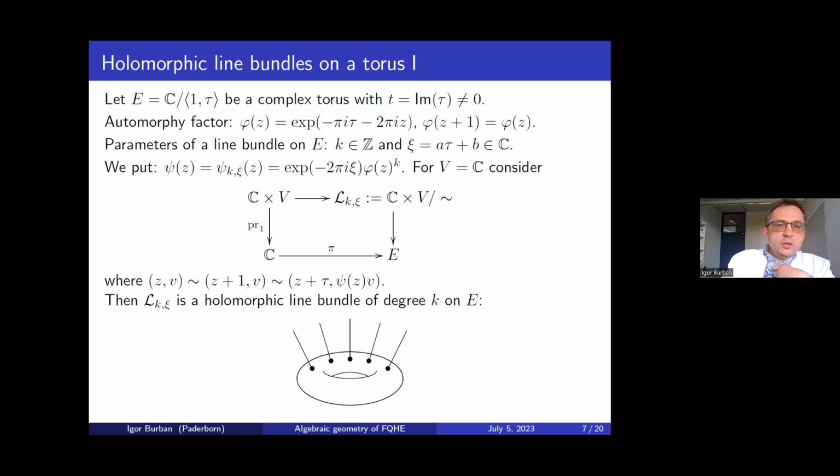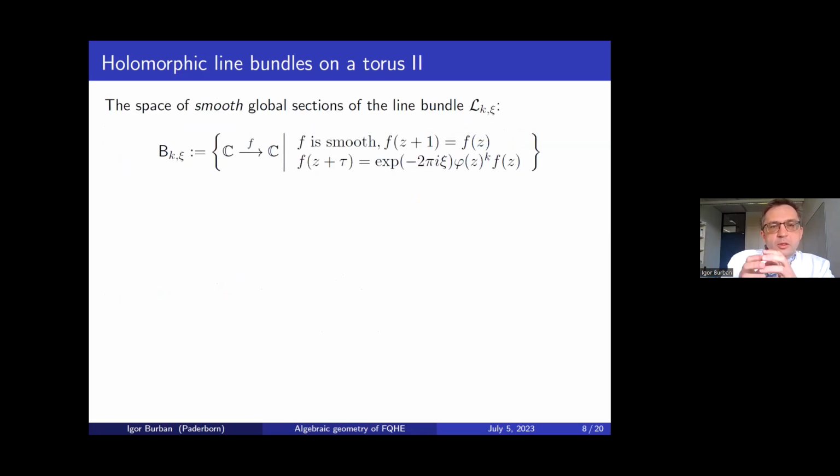Now, having line bundles, I can speak about their sections. Let me start with smooth sections. Smooth sections are nothing but smooth functions with these quasi-periodicity conditions. This statement follows immediately from the definition of my line bundle L_{k,xi} via factors of automorphy.